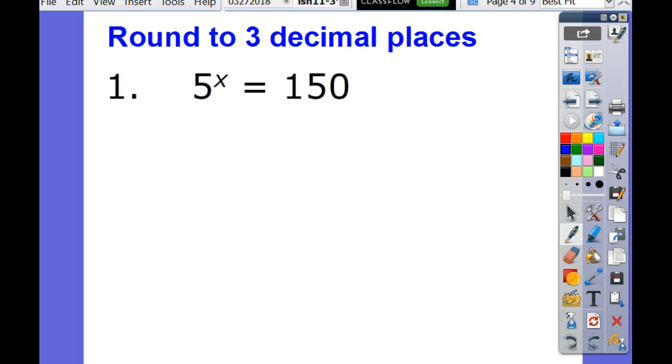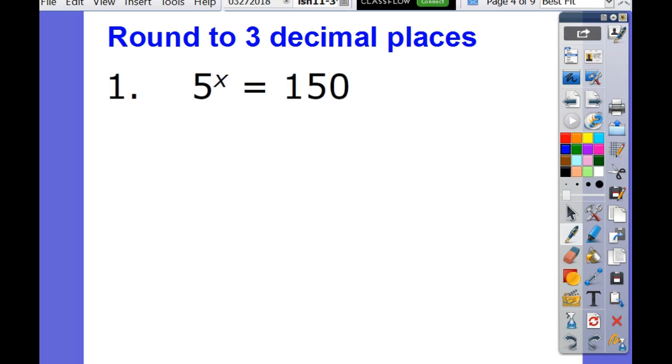Please look at your ISN 11.3. This is the kind of problem we were working on yesterday. Do you notice that x is the exponent?